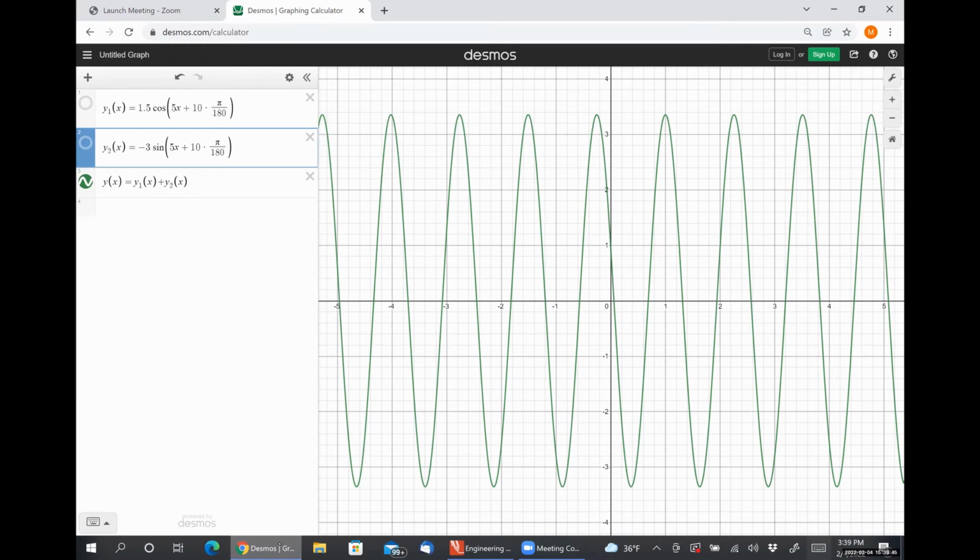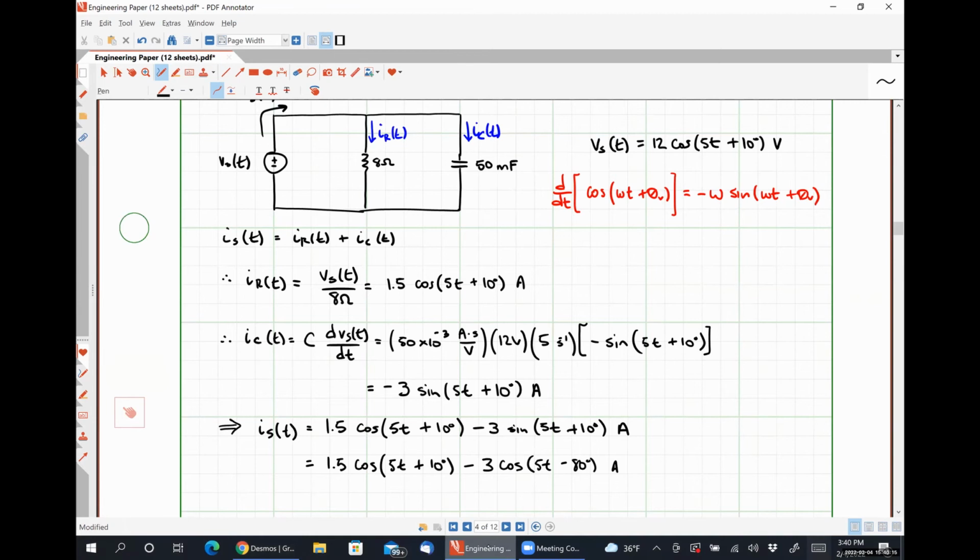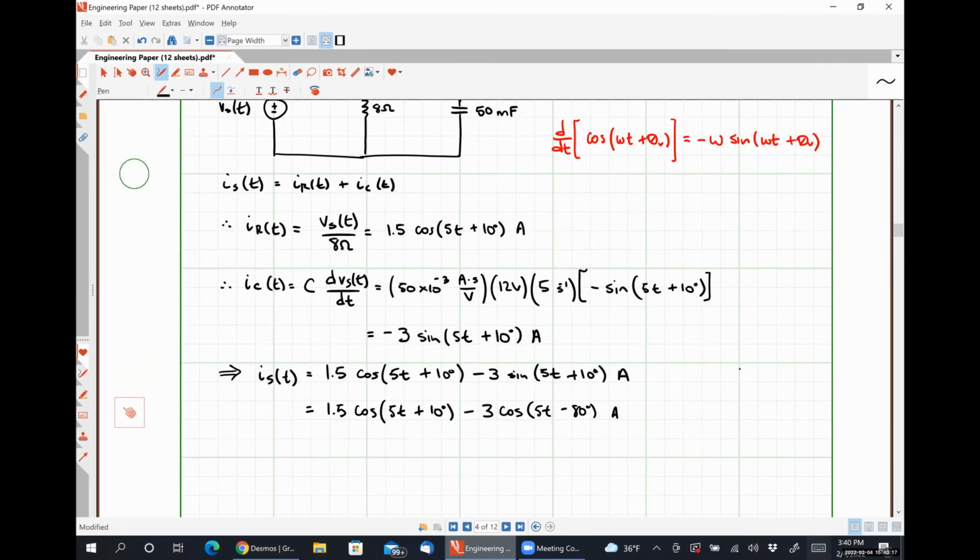So if I add one sinusoid having an angular frequency of 5 radians per second to another sinusoid having an angular frequency of 5 radians per second, I should be able to get my answer as a single sinusoid having an angular frequency of 5 radians per second, because that's exactly what this graph looks like. So what I'm going to do now is walk you through the math that entails.